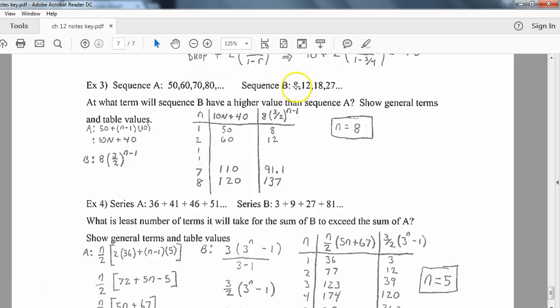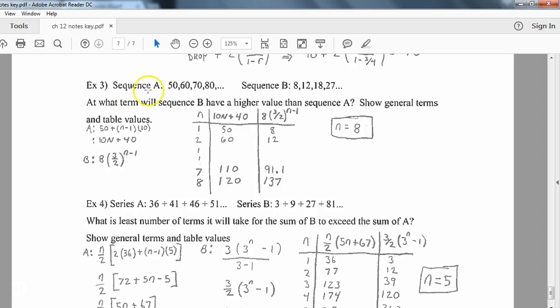Which means at some point, even though we're starting with a smaller number, these numbers will become bigger and overtake these numbers. And what they're asking for is, at what term will sequence B have a higher value than sequence A? So that's what we're looking for. The easiest approach to these is we're going to take advantage of our calculator here. So take a look.